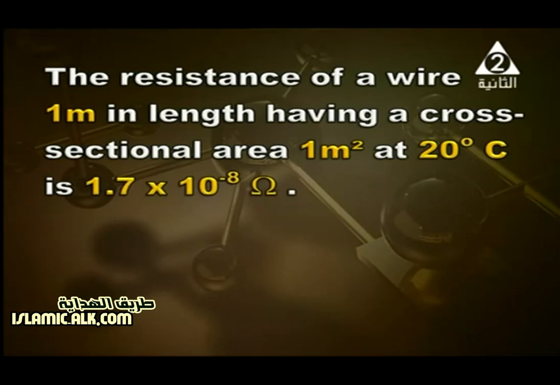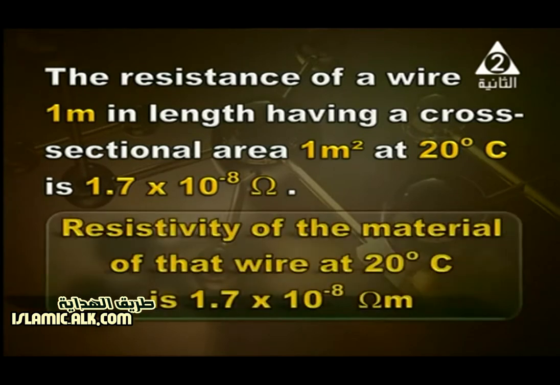So resistivity must be equal to 1.7 times 10 to the power of negative 8 ohm meter. Resistivity of the material of that wire at the mentioned temperature is 1.7 times 10 to the power of negative 8 ohm meter.